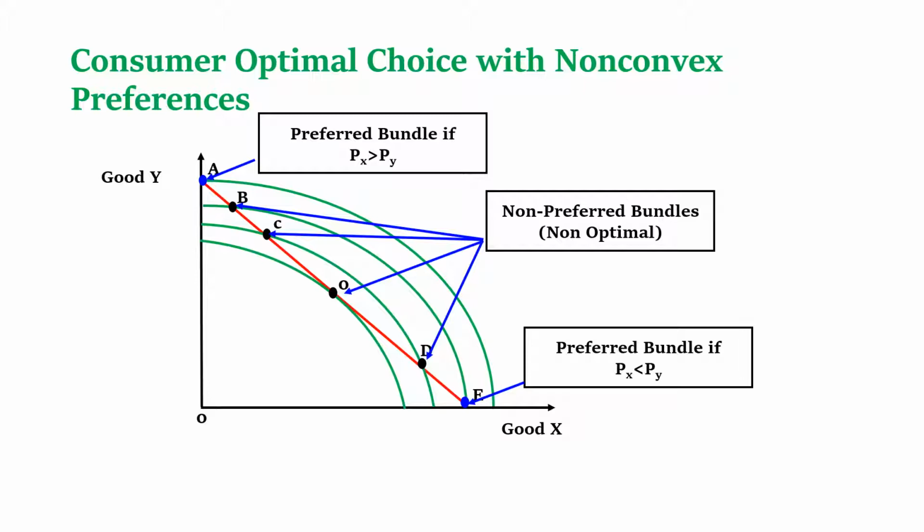You need to note this one. This is very, very important. As a rational consumer, you always buy goods for which the price is lower.